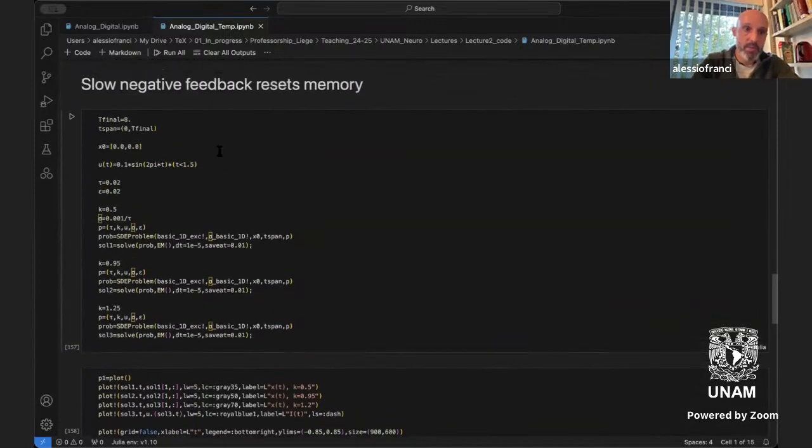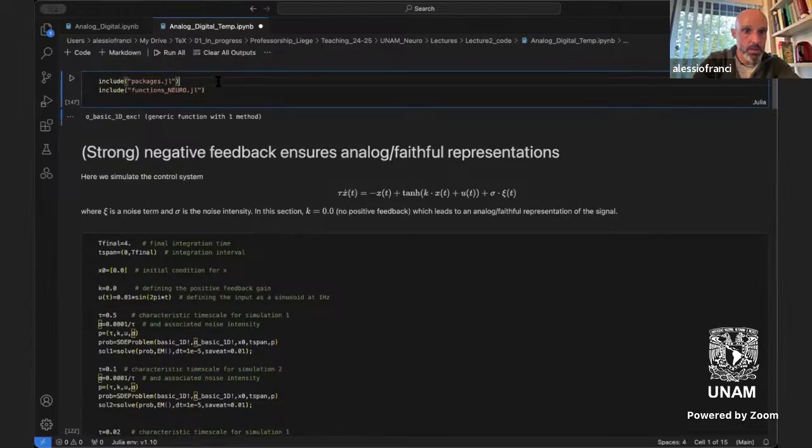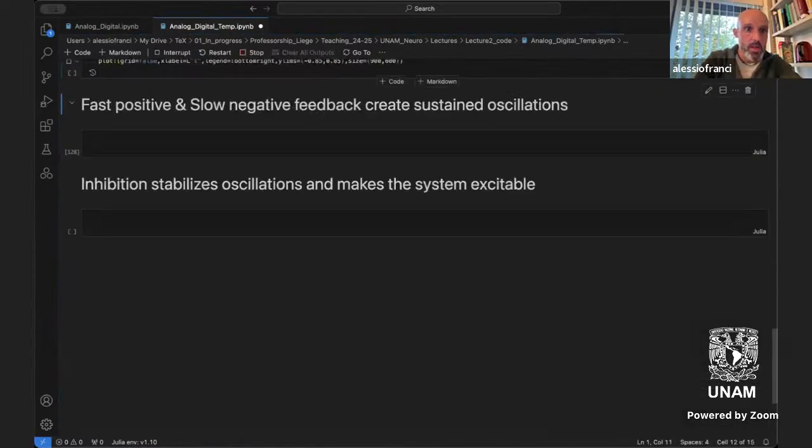So what happens is that, let me simulate for maybe 100. Let me run the whole notebook. I don't remember if the kernel is still on.